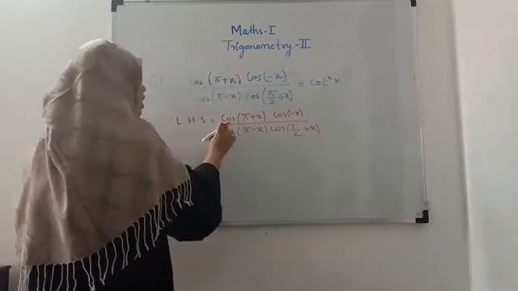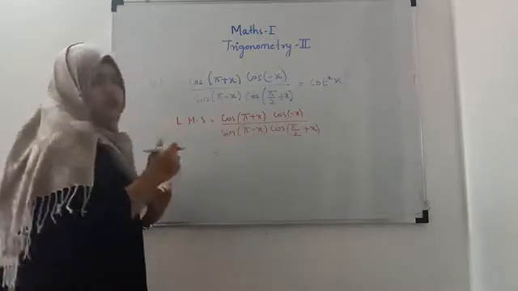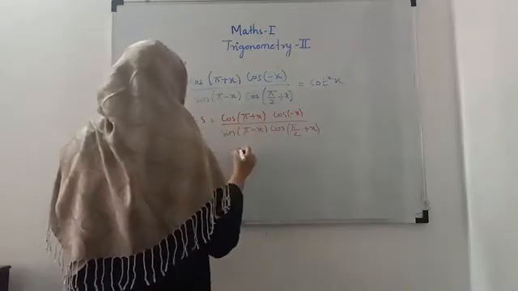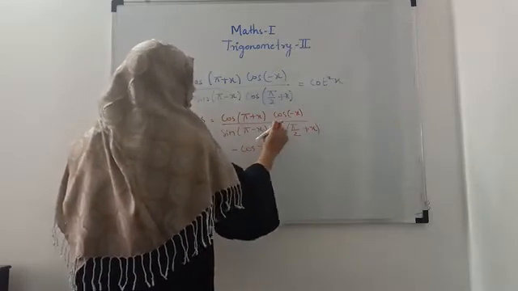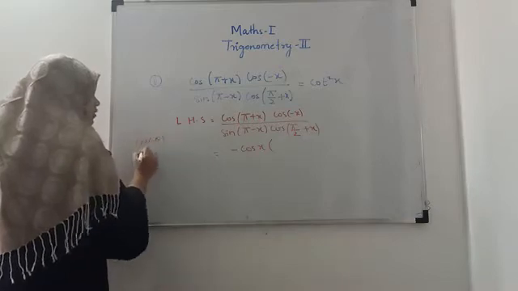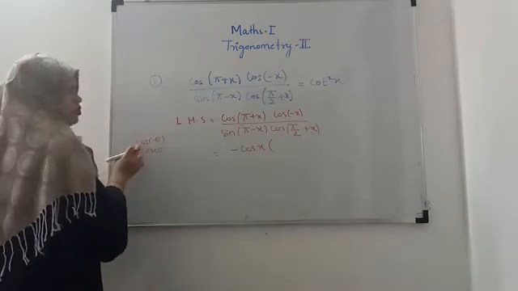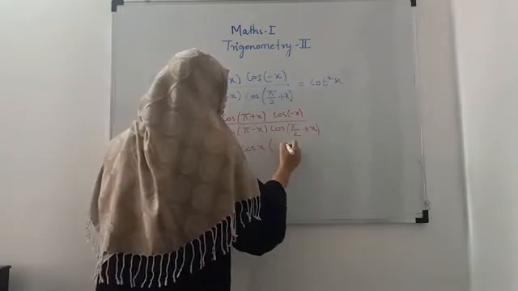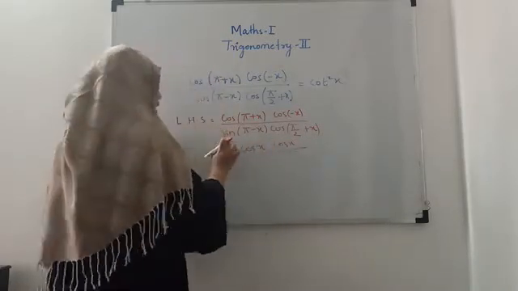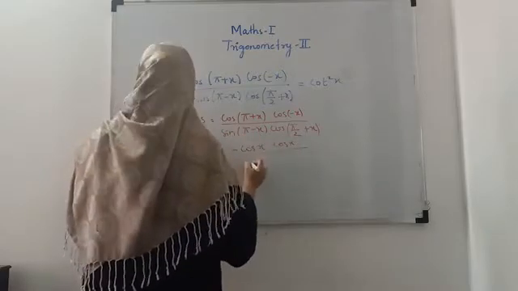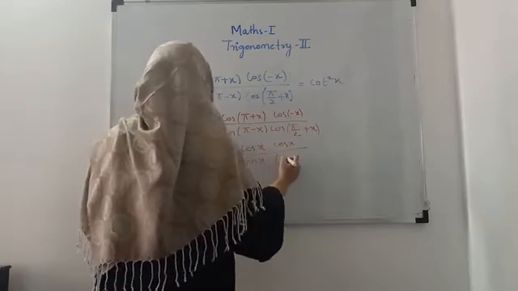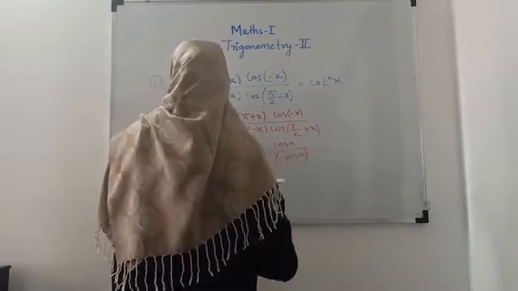Now cos(pi plus x), just check what the formula is. It is minus cos x. Now cos of minus theta is always cos theta; the sign gets absorbed in cos. So here it is cos x only. Now the next is sin(pi minus x), it is sin x only. And cos(pi by 2 plus x) is minus sin x.